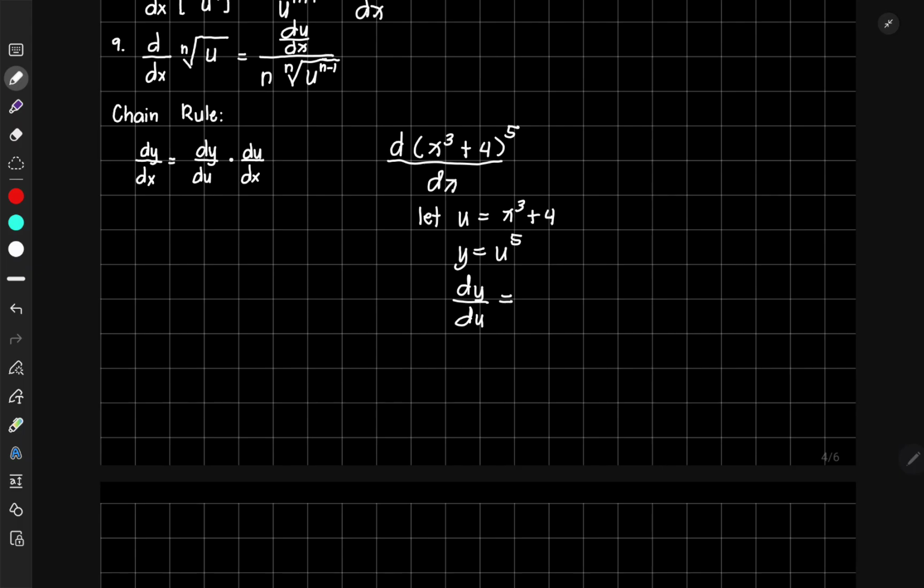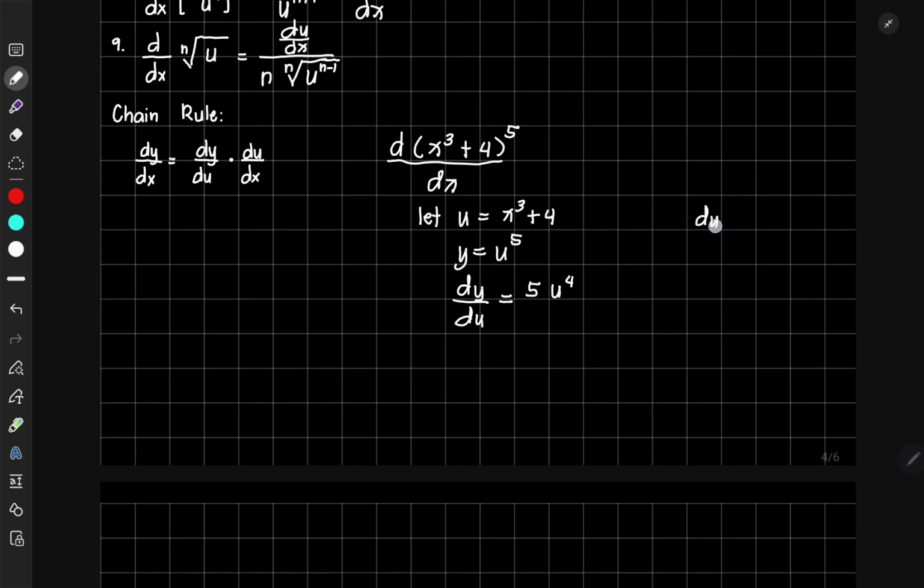That is equal to, so power rule, bring down 5. U raised to 5 minus 1, that is 4. And then get the derivative of u with respect to u, that is du over du, or that is equal to 1. So, yan muna siya. Then, next, we have yung du over dx. So, yung du over dx, kukunin natin siya dito sa function na u is equal to x cubed plus 4.